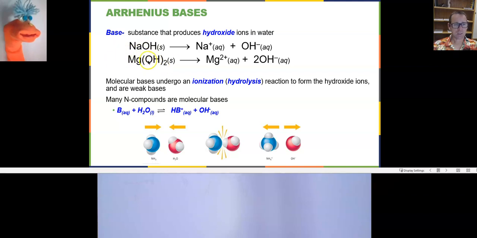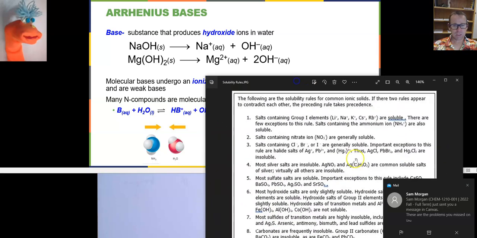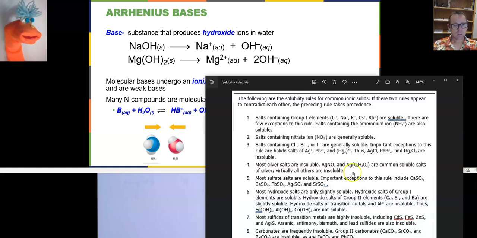magnesium hydroxide, put it into water. So we do have to look and see whether or not, on this polyatomic ion chart, magnesium hydroxide is soluble first, right? This rule 6 talks about hydroxide salts. These are examples of hydroxide salts.